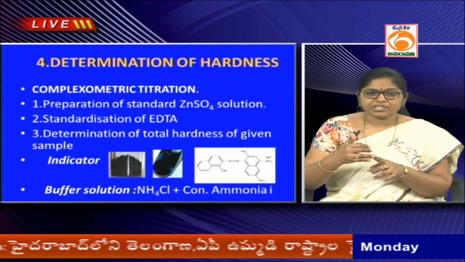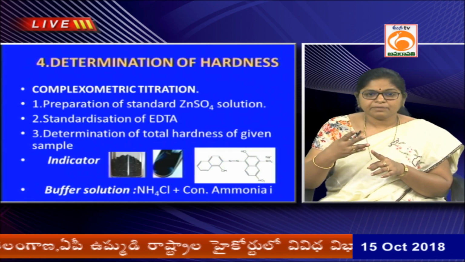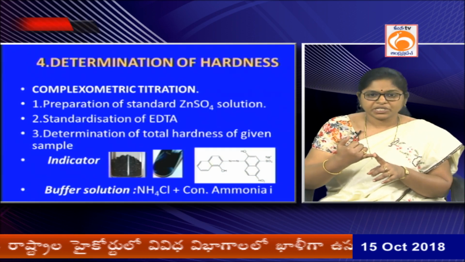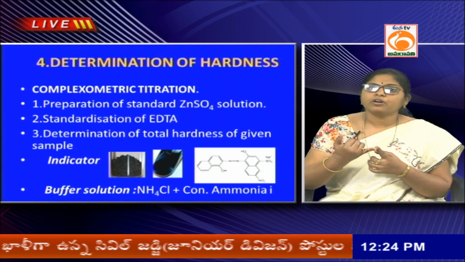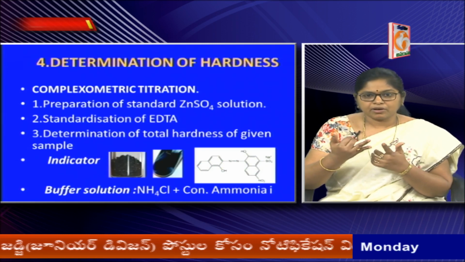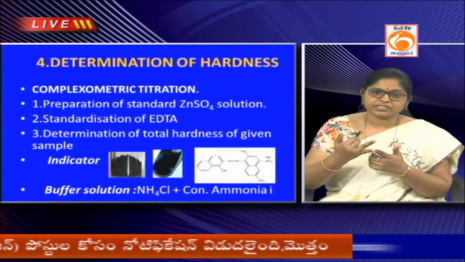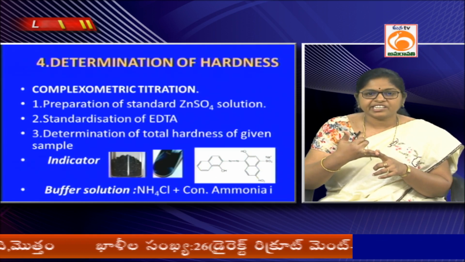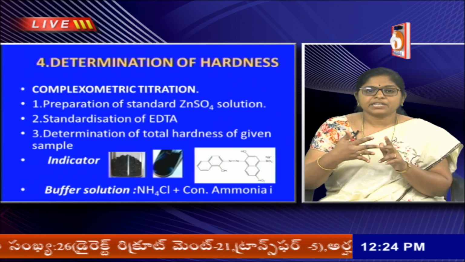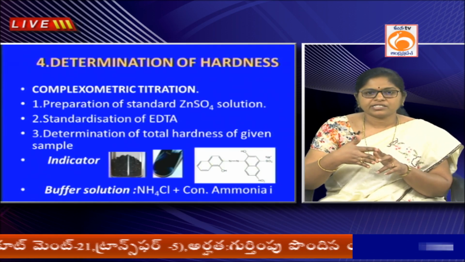First is the preparation of a standard solution. The standard solution may be zinc sulfate, or any other calcium salts or magnesium salts we can use. The second part is the standardization of EDTA, and the third part is determination of total hardness of the given sample.